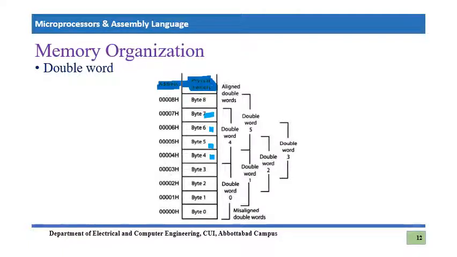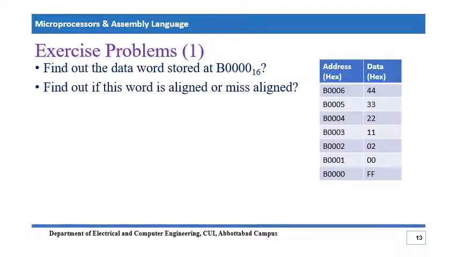The lowest byte is byte 4. Where is it stored? It is stored at 004 hex. Is it even or odd? It is even. So this complete double word is aligned and falls in the category of aligned words. I hope I have explained this full concept of misaligned and aligned words in great detail, and I hope you have understood the concept.